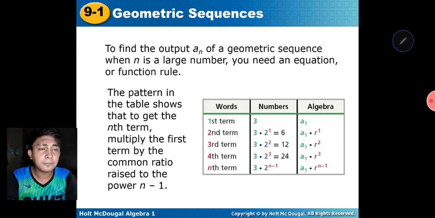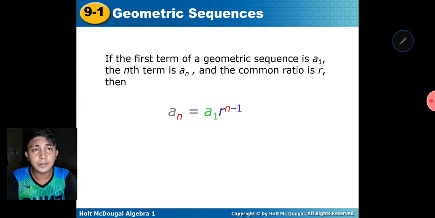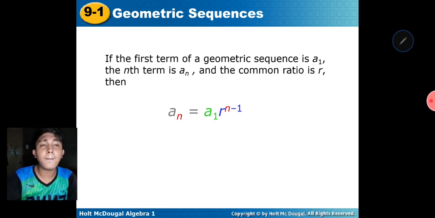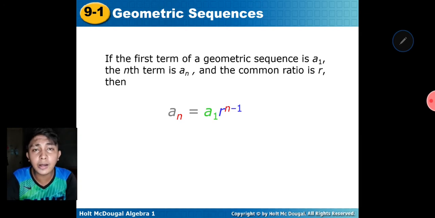So with that, we have now the equation that is a sub 1 times r raised to n minus 1. So the first term of a geometric sequence is a sub 1 and the nth term is a sub n, and the common ratio is r. Then a sub n is equal to a sub 1 times r raised to n minus 1. So yung a sub n is the last term. The first term is a sub 1, r is the common ratio, and n is the number of terms.